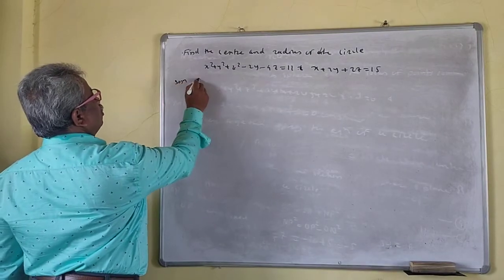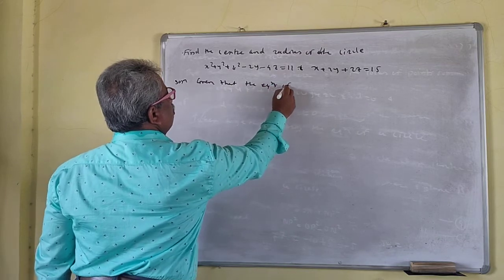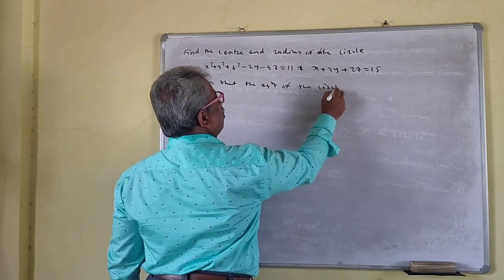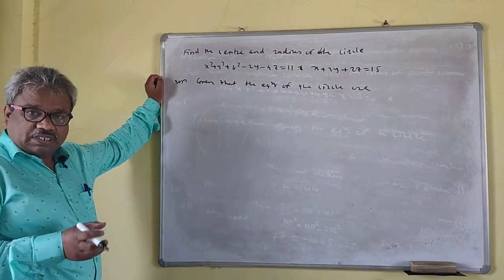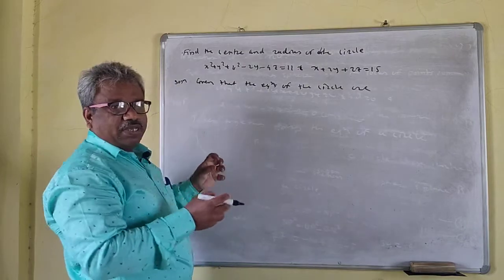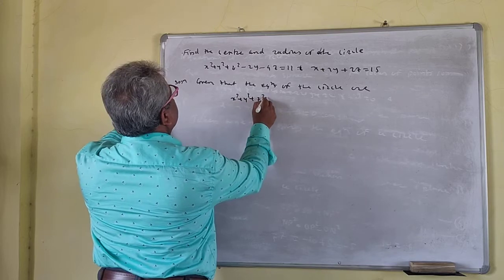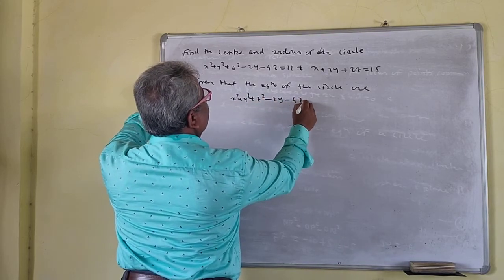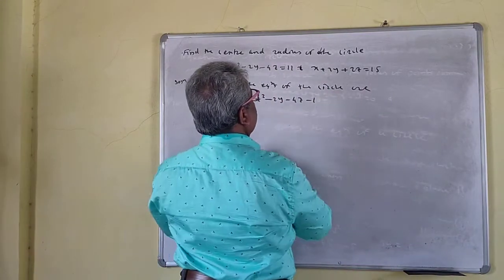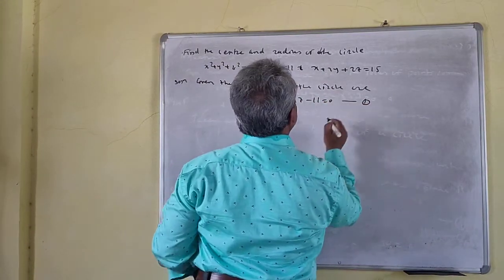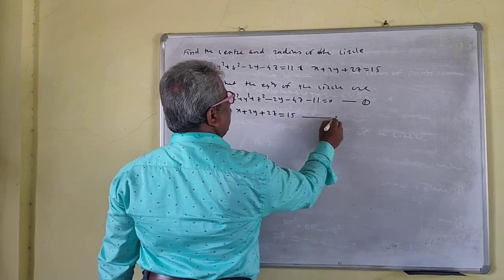Solution. Given that the equations of the circle are two equations taken together. So x square plus y square plus z square minus twice y minus 4z minus 11 is equal to 0, I'll call this 1. And x plus twice y plus twice z is equal to 15, I'll call this 2.